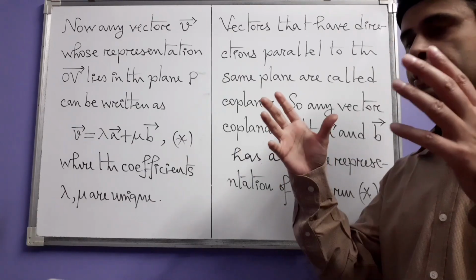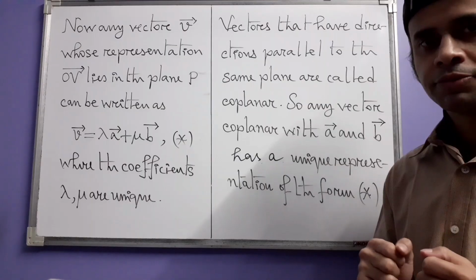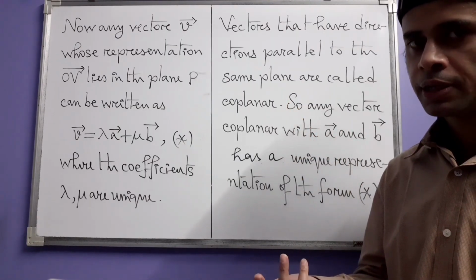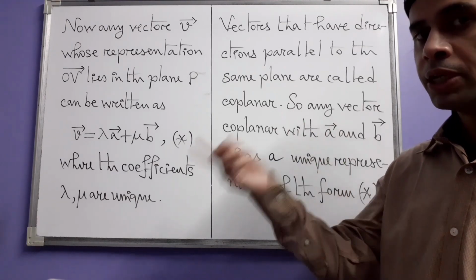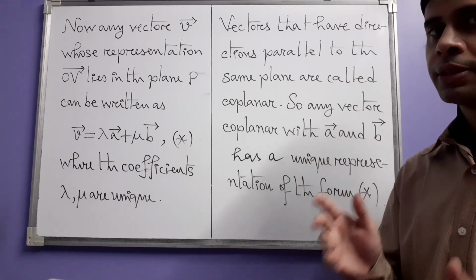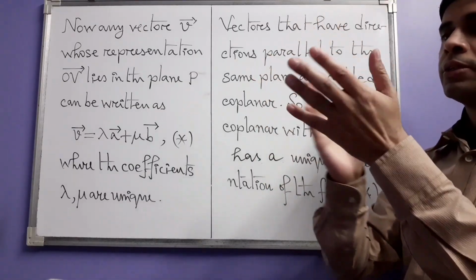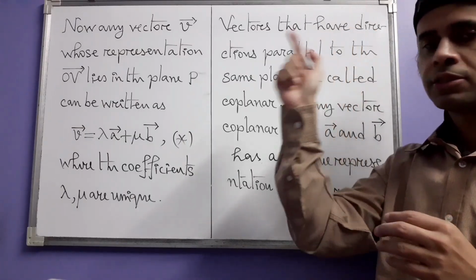Now if all these directed line segments can be translated parallel to themselves, translating a vector parallel to itself does not change it. The representation changes, but the abstract vector which lies behind these representations does not change. So you have abstract vectors, you then consider their geometric representations which are directed line segments in space.